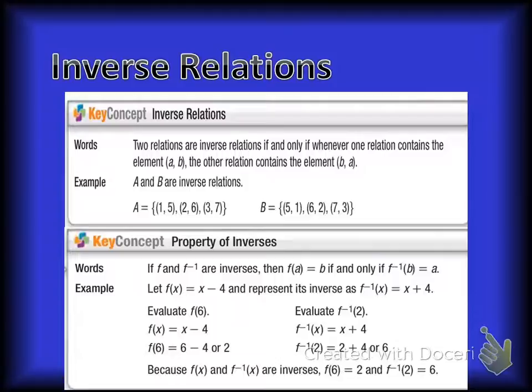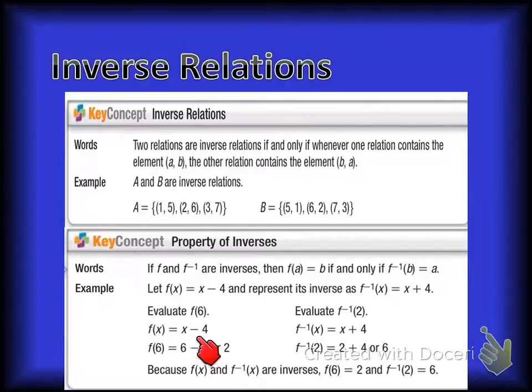If you talk about them as functions themselves, there'll be two different functions that undo one another. For example, let's say you have the function x minus 4, and they pick the number 6. So they put in 6 minus 4 and they get 2. Then they take 2 and plug it into the function x plus 4. Well, 2 plus 4 is 6. You're back to where you started.